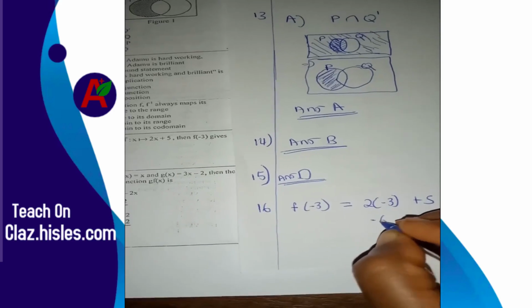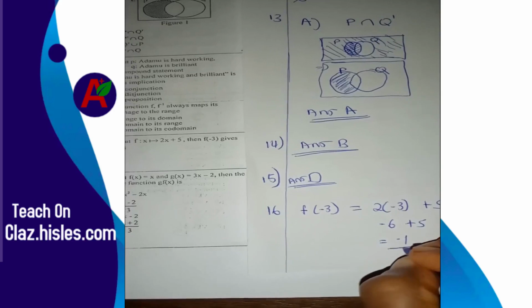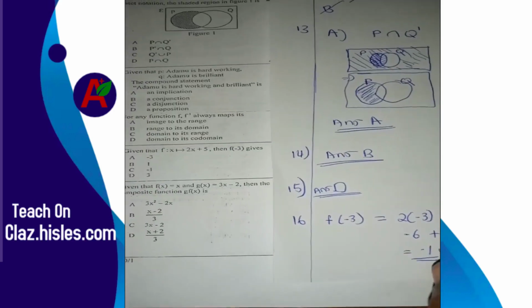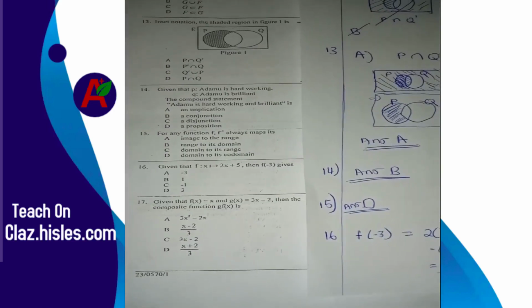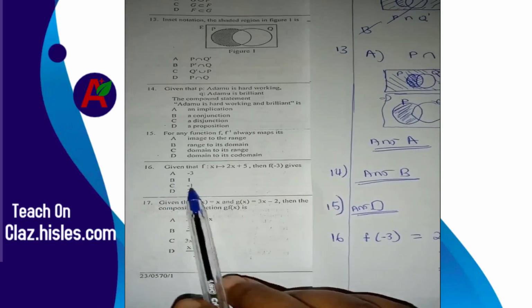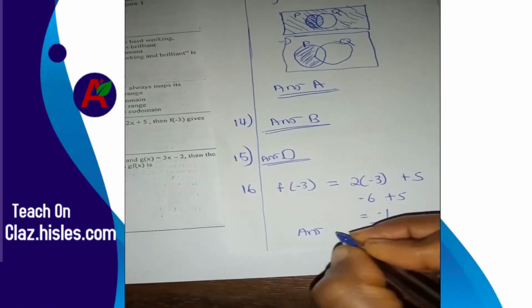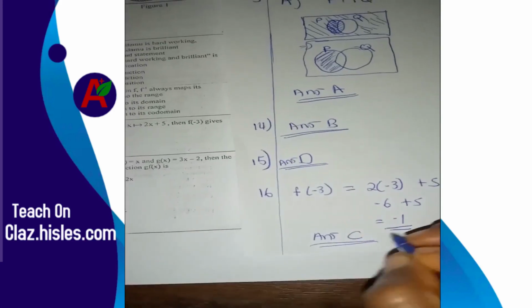This is negative 6 plus 5, which is negative 1. So the answer to number 16 is negative 1. And where's the negative 1 option? Negative 1 option here is C. So number 16 answer is C.